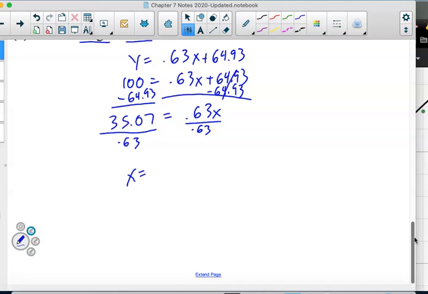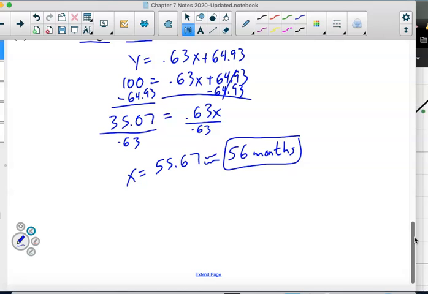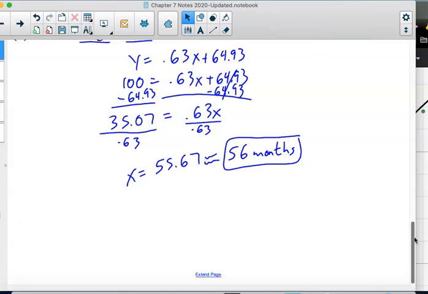And so I get 55.67, which, if I round it to the whole month, is approximately 56 months. So that's basically over 4.5 years old. That's when they would hit 100 centimeters. Think of 100 centimeters like a meter stick, a little bit bigger than a yardstick. So it's a little bit over 3 feet tall.